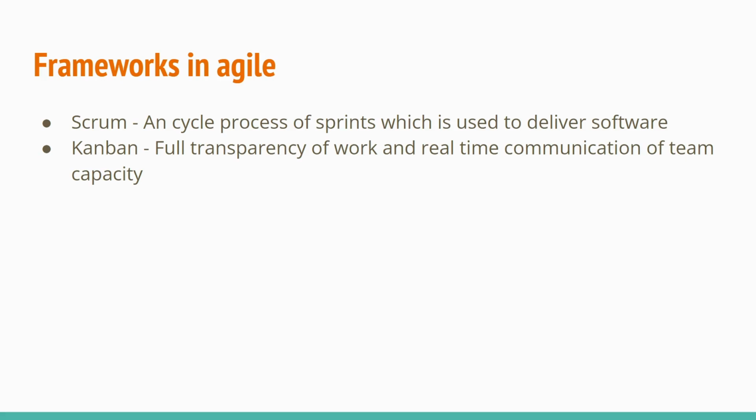And Kanban offers full transparency of work and real-time communication of team capacity. Scrum is an agile framework which focuses on sprints and an iterative process for better quality of software delivered. And Kanban is a process similar to Scrum with full transparency of work and real-time communication.